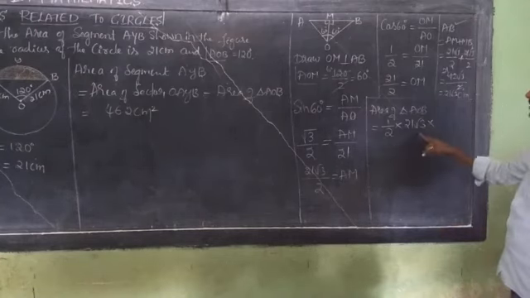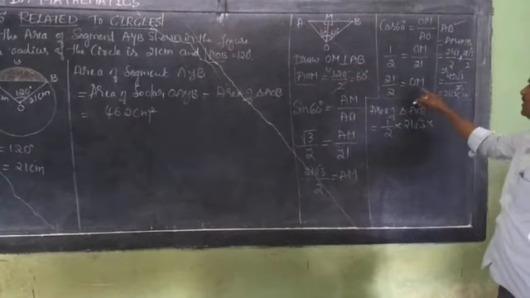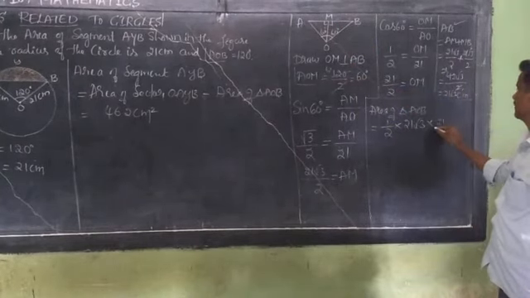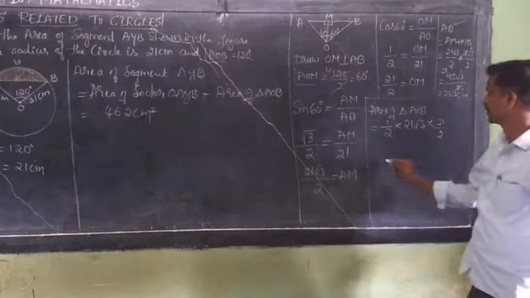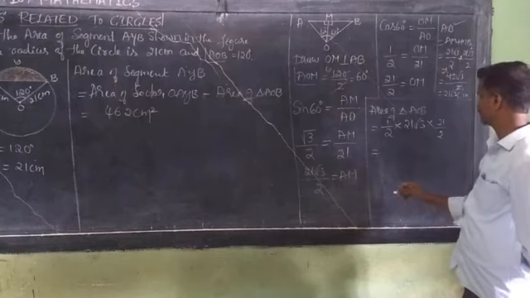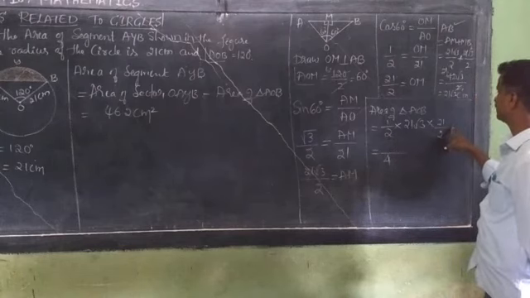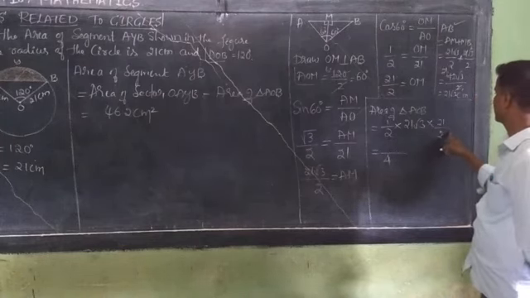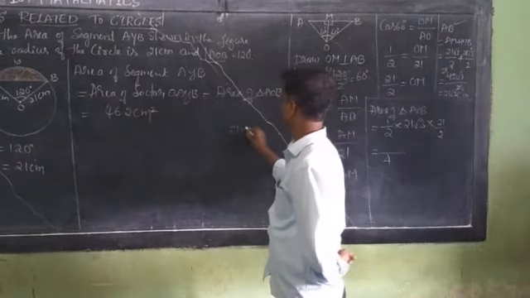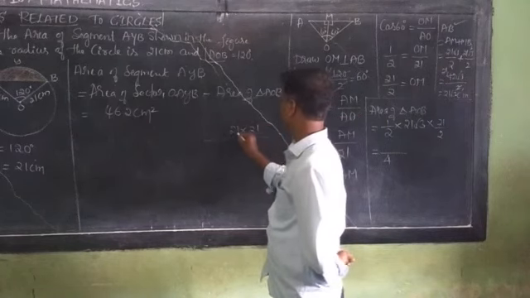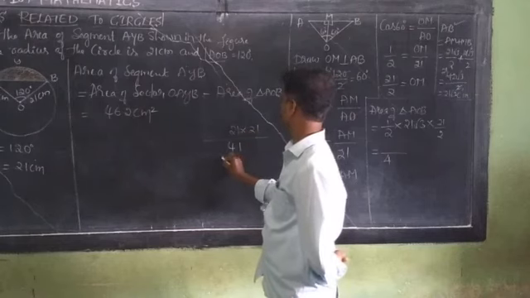Area is half into base into height. Here the height means OM. What is OM? OM is 21 by 2. That is equal to 21 into 21 root 3 by 2 into 2 into 2, which is 4. What is 21 into 21? 1 ones are 1, 2 ones are 2, 2 twos are 4.